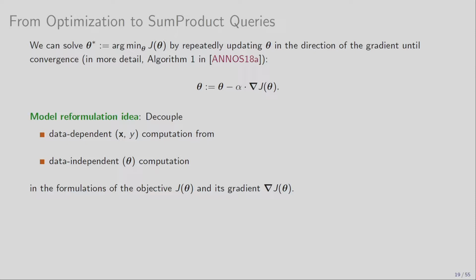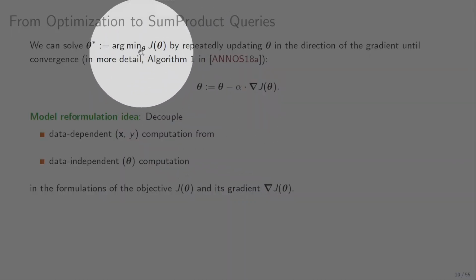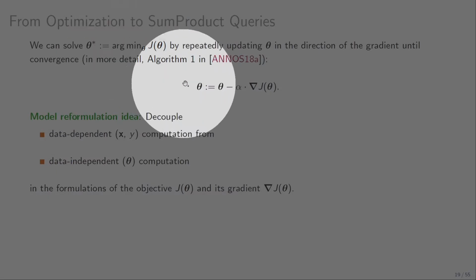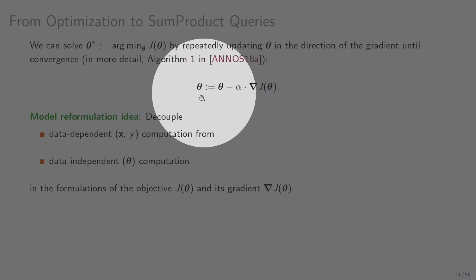So how do we get now from the optimization to the sum-product queries? We would like to solve this minimization problem. We would like to compute the parameters theta that minimize our objective function J, and that can be done, for instance, by repeatedly updating theta in the direction of the gradient until convergence. In more detail, if you look at Algorithm 1 in that paper, you'll see the exact way we frame this.